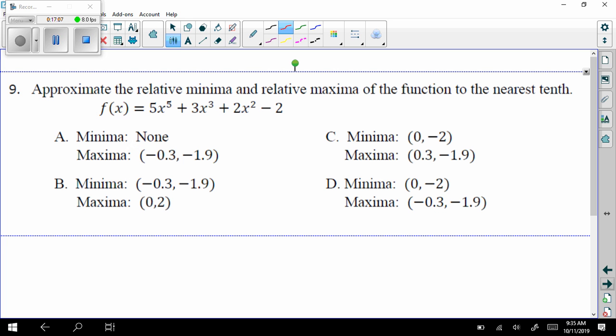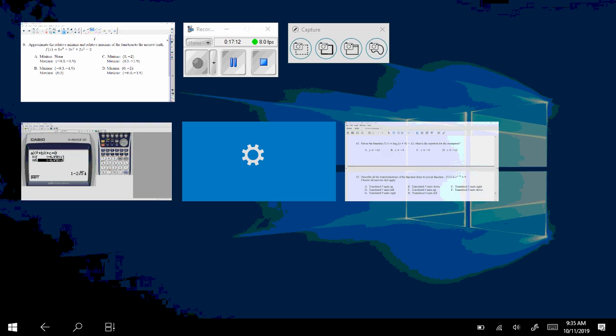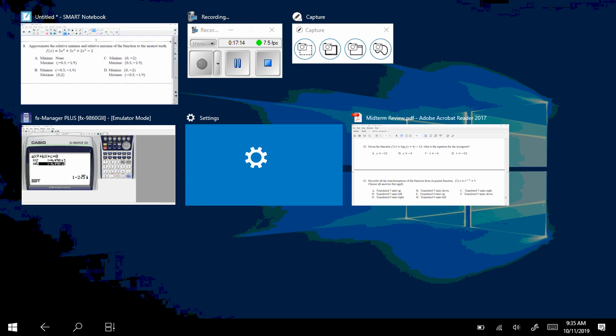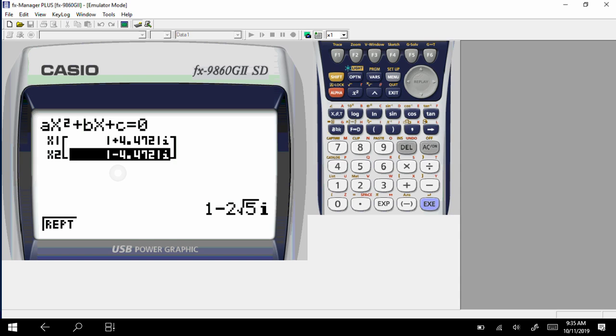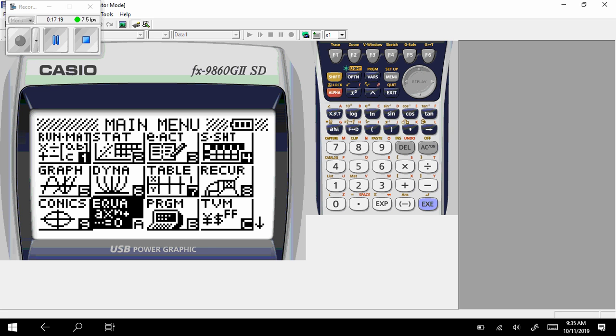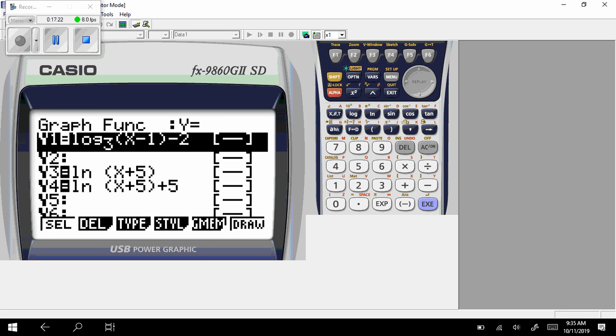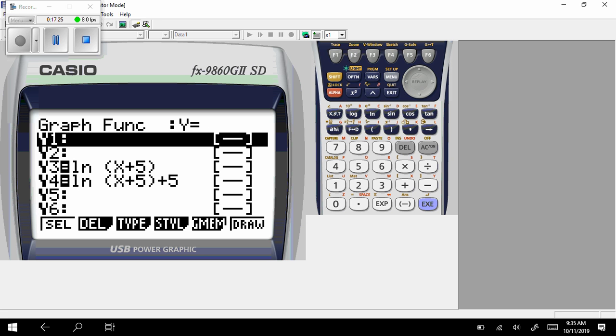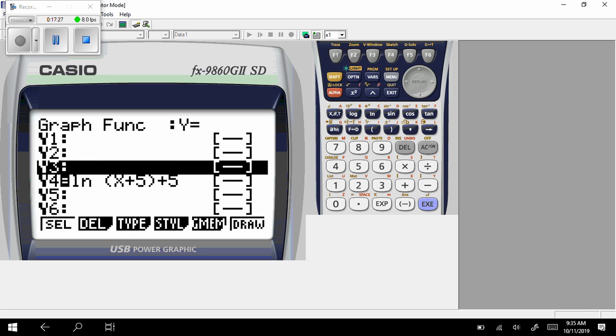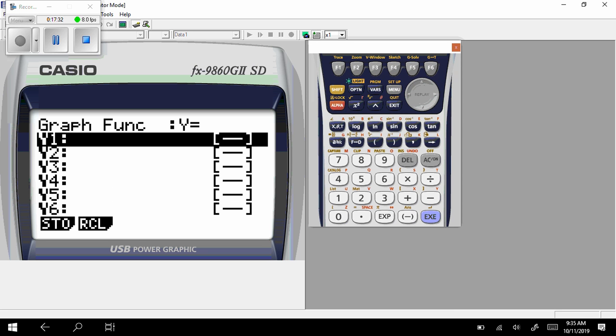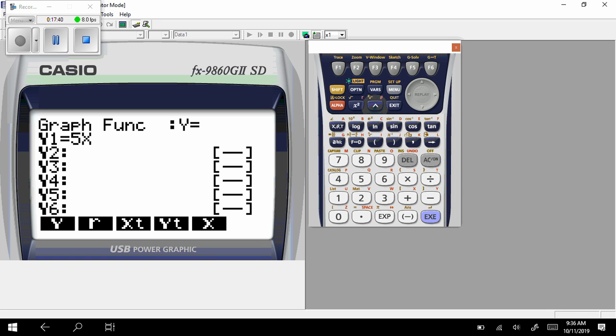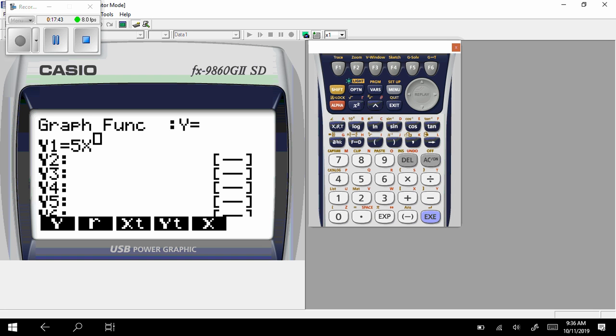Approximate the relative maximum and minimum of the function to the nearest tenth. So let's type that into our graph. Main menu, graph. It's 5x to the 5th.